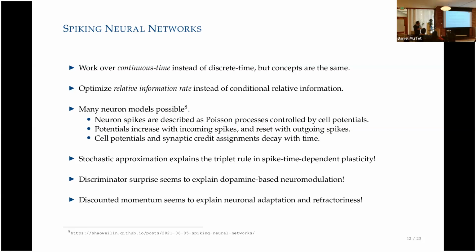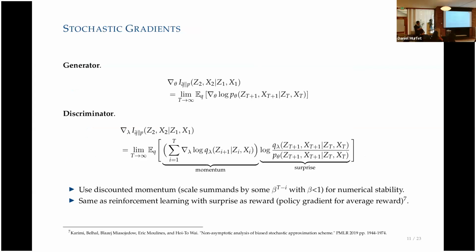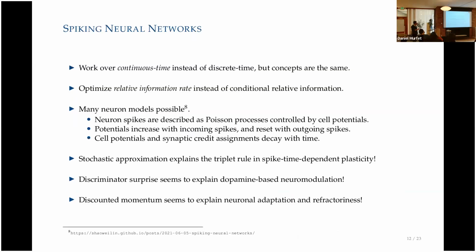The relationship between surprise and dopamine, or surprise as a reward, I think this is long known. So the connection that I'm saying here is that this surprise is literally coming out of the EM algorithm. I did not have to call this term surprise, but I'm calling it surprise now, and that's the connection I'm making. And so that would explain dopamine. Maybe, I don't know. These are very speculative. So a lot more work needs to be put into these two things here. But that's my hunch.